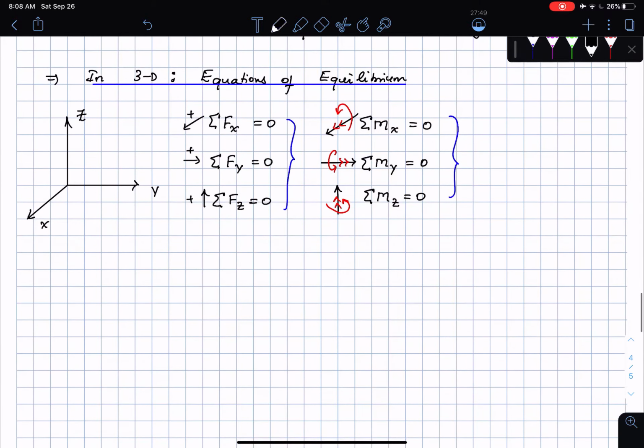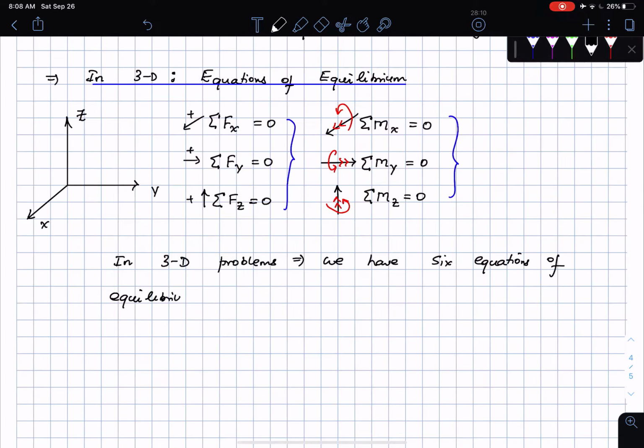So in 3D problems, we have 6 equations of equilibrium, which means that we cannot have more than 6 unknowns to solve for in 3D.